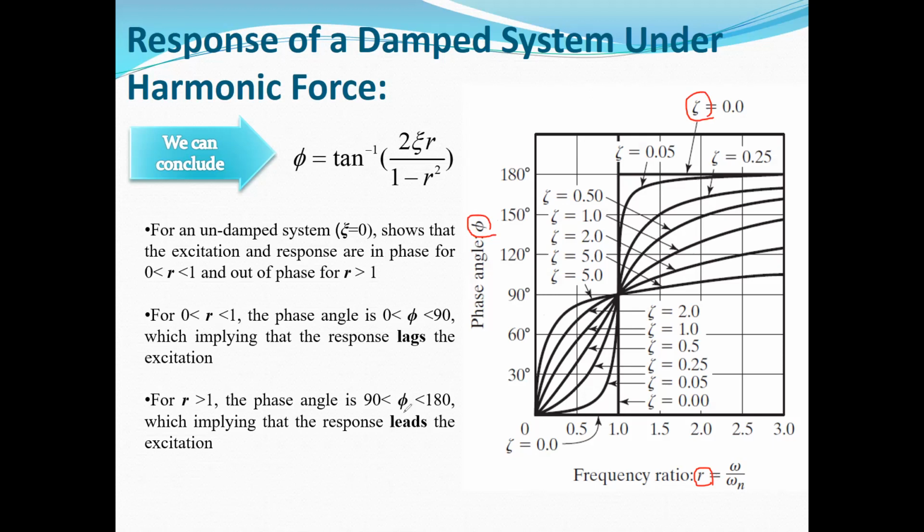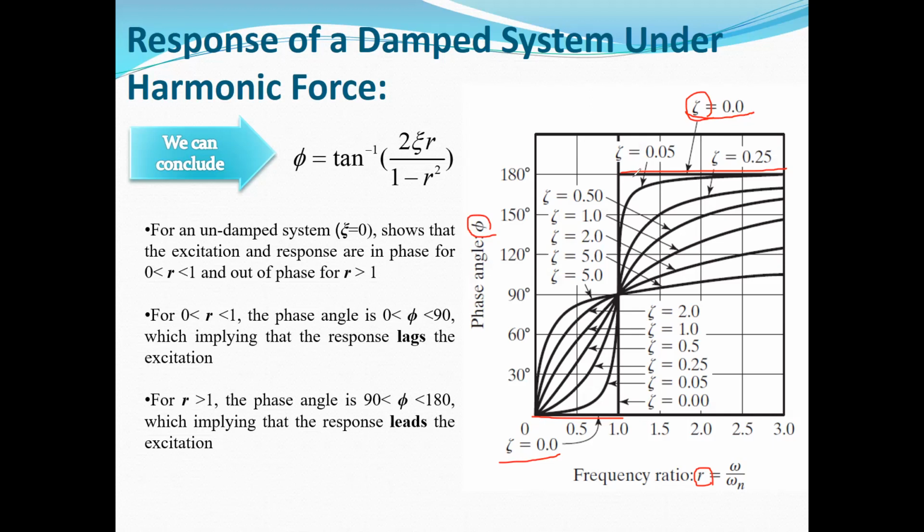The first conclusion here is for an undamped system, when psi is equal to 0, on these two lines, as you can see. And this is in fact for a system without damping, or an undamped system.